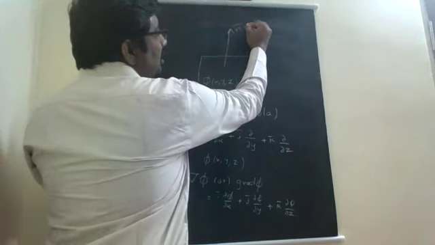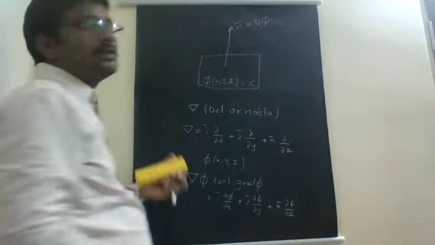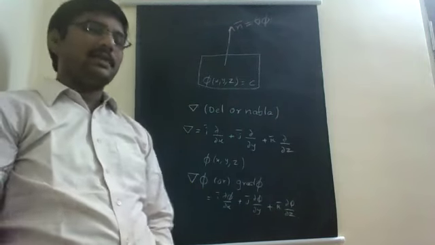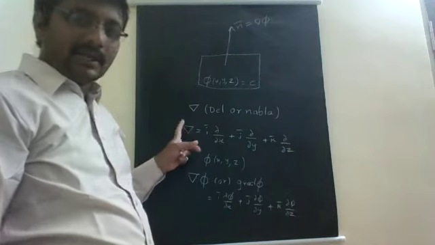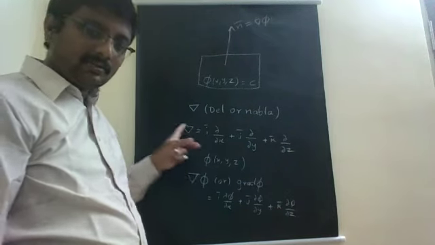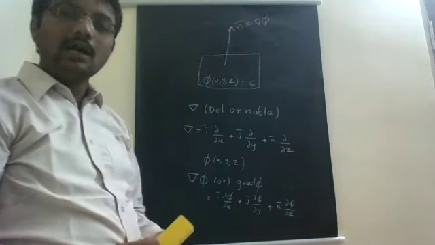Here n bar is nothing but del phi, so del phi is called normal to the surface. Del is the vector differential operator, phi is any scalar point function. Now del phi or grad phi is called normal to the surface.